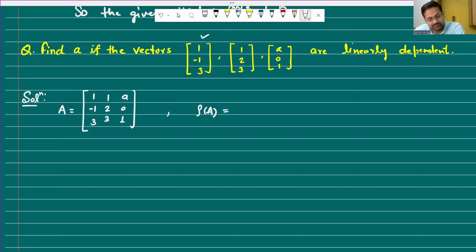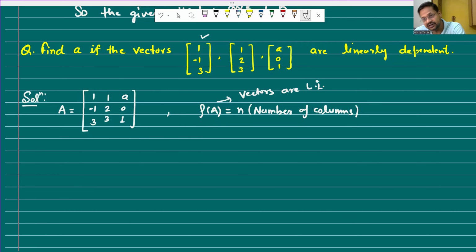Okay, so if we have this A, and the rank of A is just equal to n, you can write in this way. If rank of A is equal to n, n यहाँ पर क्या है? नंबर ऑफ कॉलम्स। ओके, नंबर ऑफ कॉलम्स, या यू कैन से नंबर ऑफ वेक्टर्स। ठीक है, then we can say the vectors are LI, linearly independent.